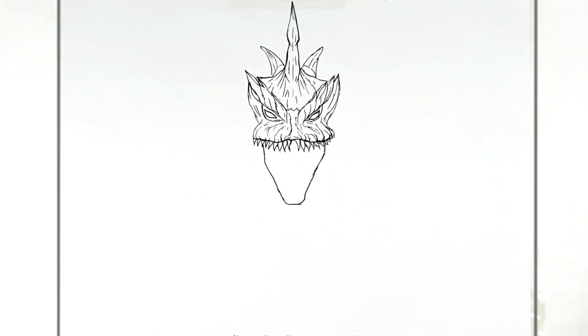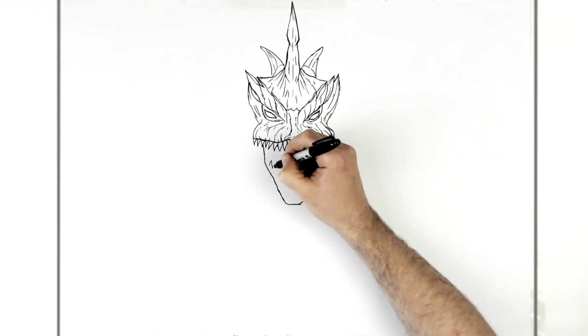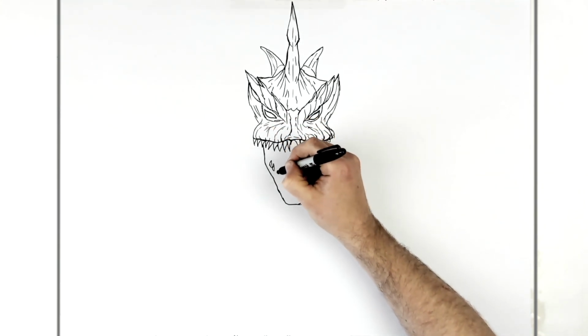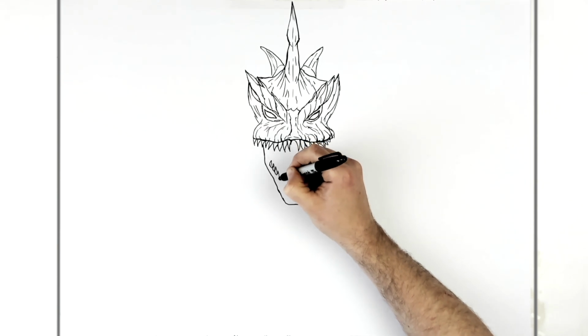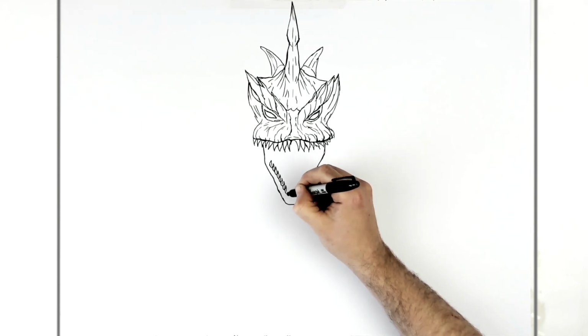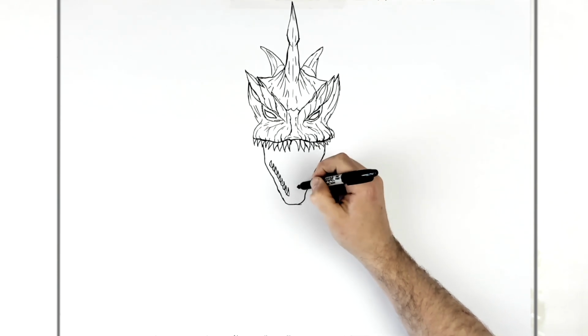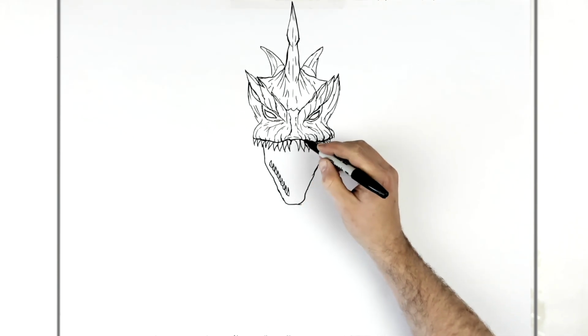Then he has loads of teeth down here, like two rows. I'm just going to start adding these, right? Spikes. Do the same on this side.